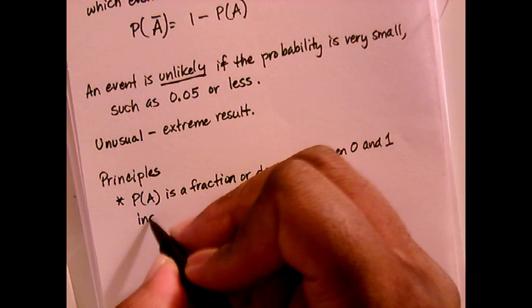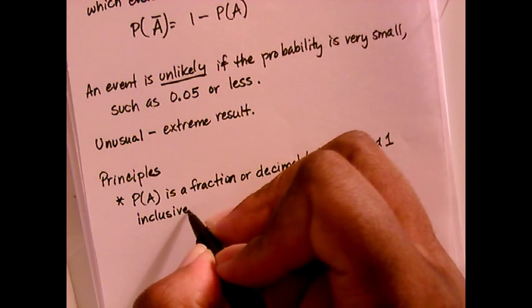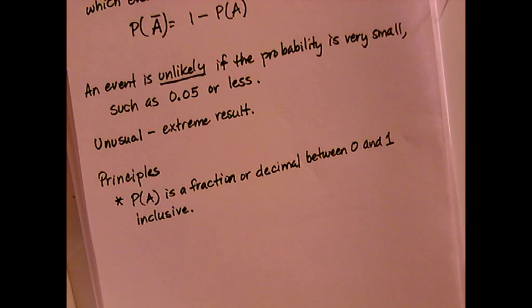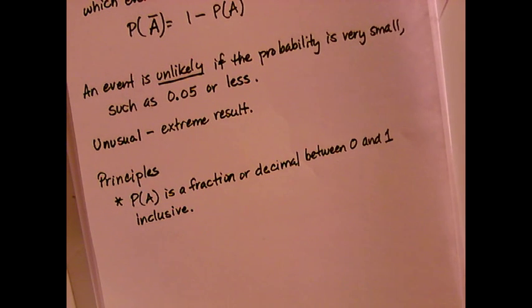That does include 0 and 1. It's very important: probability is always a decimal between 0 and 1, and we can include 0 and 1 as well.